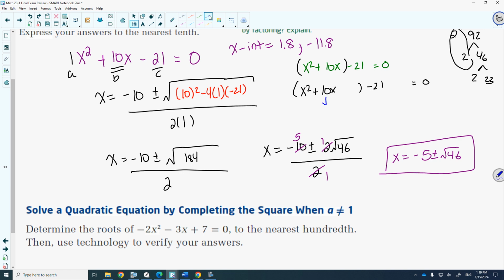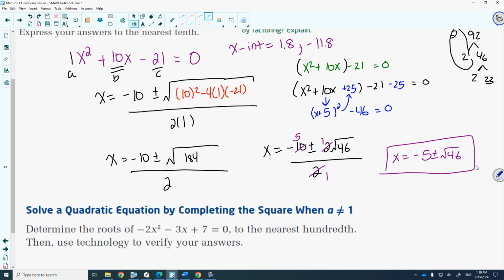Take that 10, divide it by 2. And we're going to get plus 25, and then you're going to minus 25. So basically, I'm putting it into vertex form first. Negative 21 minus 25 is negative 46 is equal to 0.